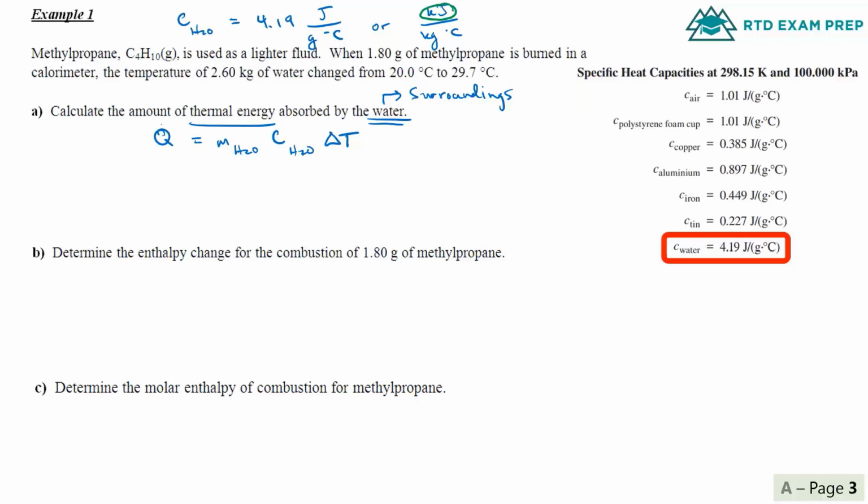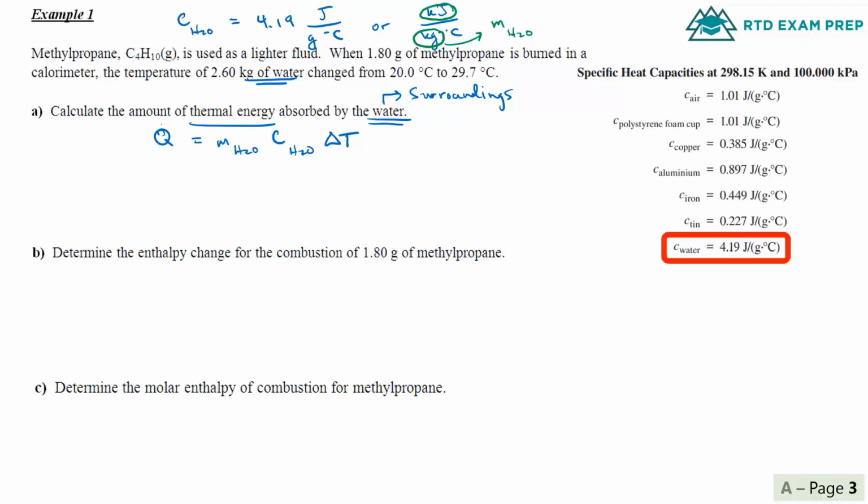So ideally we want our Q value to be in kilojoules so that it can translate to whatever the enthalpy change value comes out to for this particular reaction. And if you notice, our mass of water is given in kilograms. So we have 2.60 kilograms of water, and in the bottom of these units, these kilograms are the units for our mass of water in the surroundings.